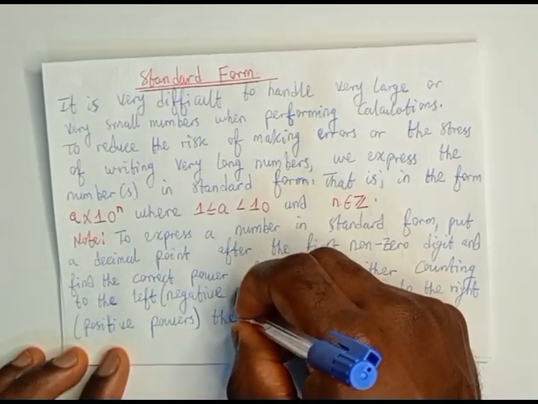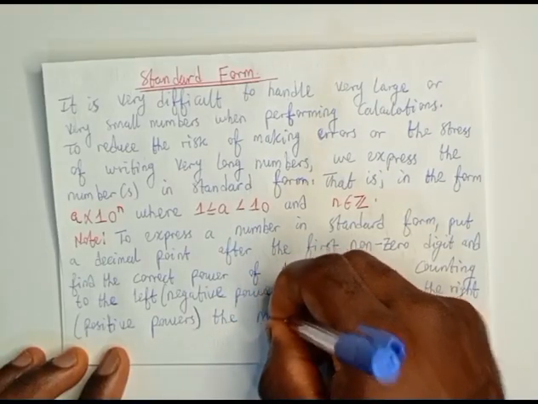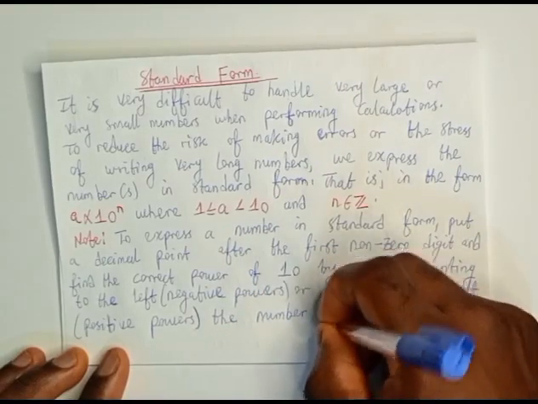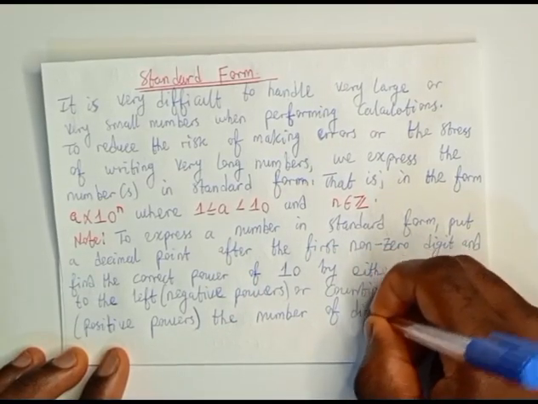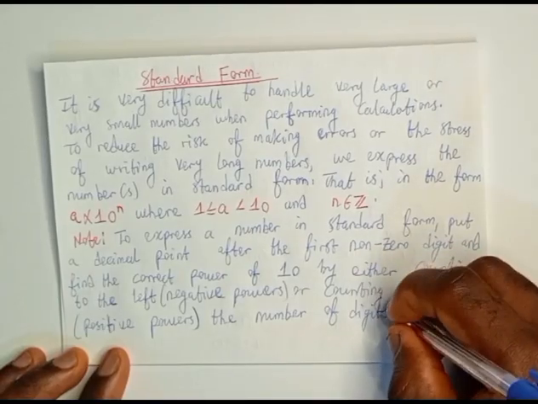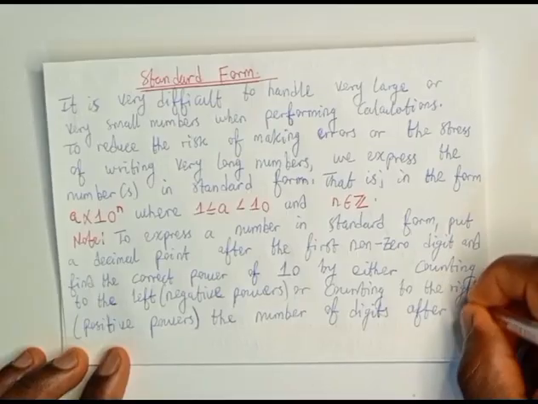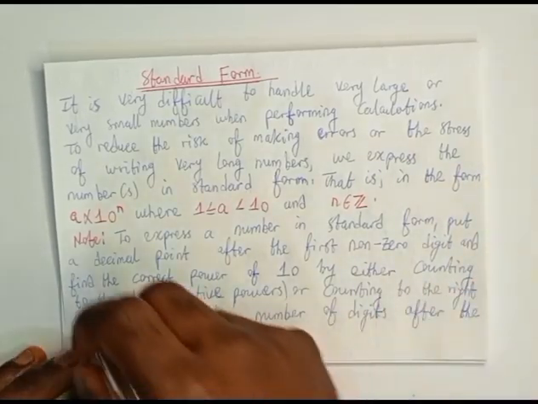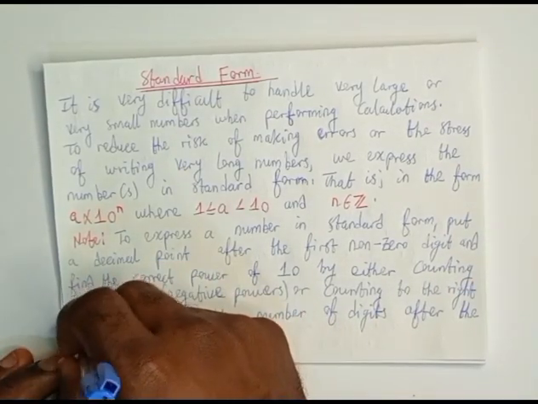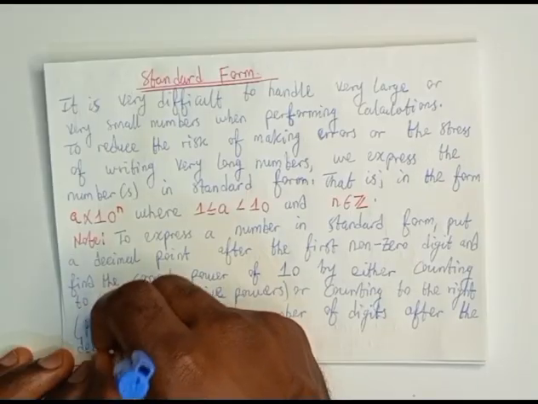Close the bracket. Count the number of digits after the decimal point.